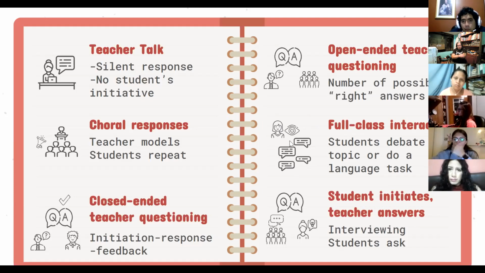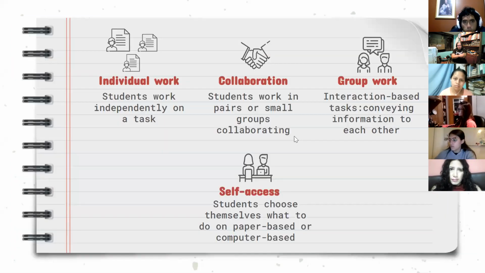The next one, please. Then we have individual work. As you already know, we just have to assign a task and students work independently. Collaboration, students work in pairs or small groups in order to collaborate or do an assigned task to try to achieve the best result.